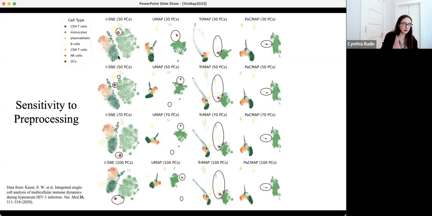So this is an example where you projected down to 30 principal components versus 50, 70, and 100, and it should all look the same, but it doesn't. Here it separated them out, here they're together, separate again, just from an innocent choice that shouldn't affect global structure. Whereas again, TriMAP is completely robust, and so is PaCMAP.